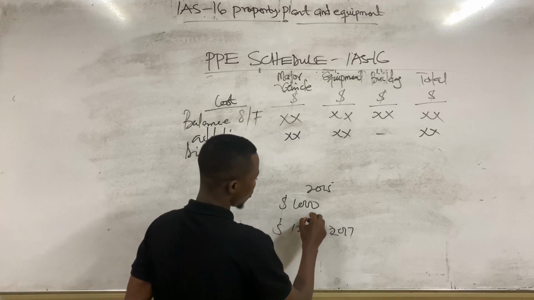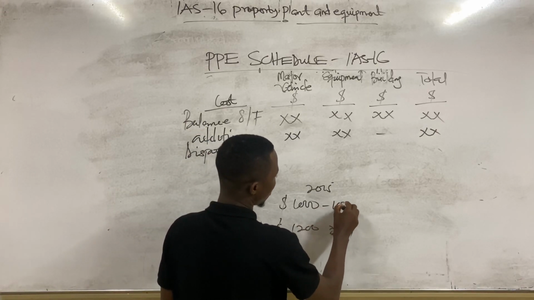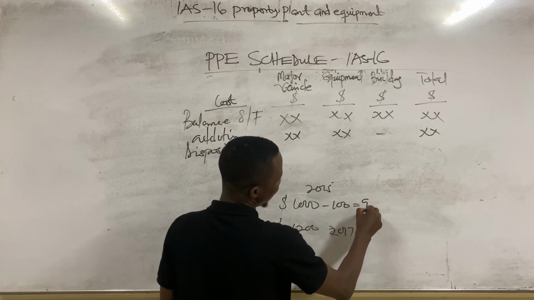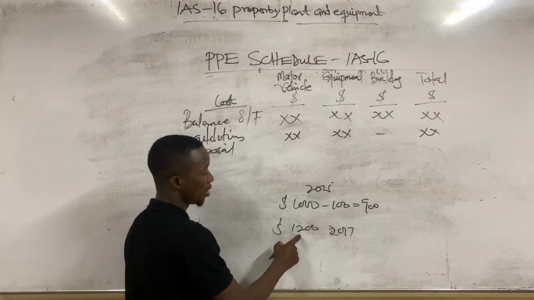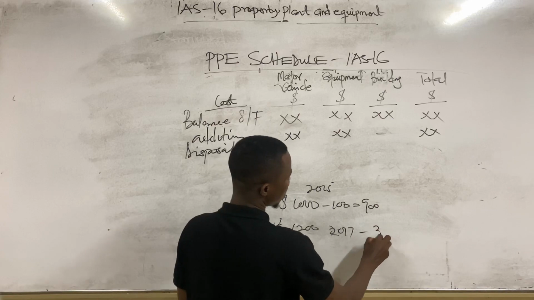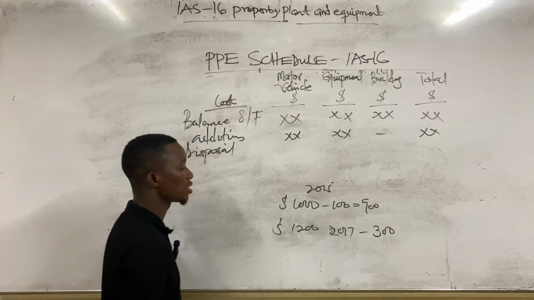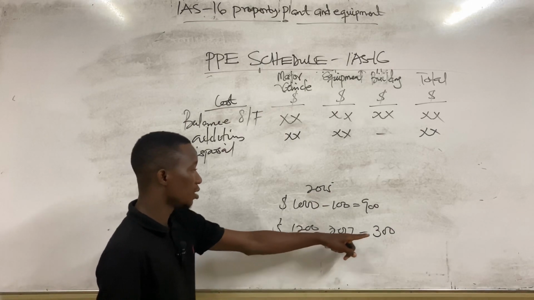If there is accumulated depreciation on this asset of, let's say, 100, we take out the depreciation to arrive at 900 as the carrying amount. We compare the carrying amount with the price at which we disposed of the asset, then there will be a profit on disposal of 300.